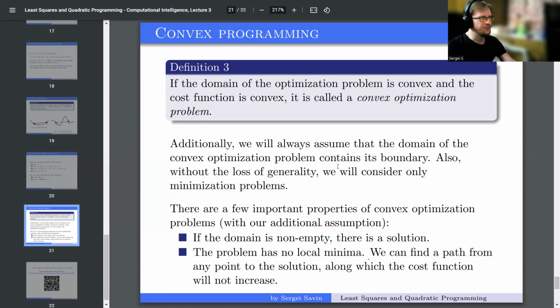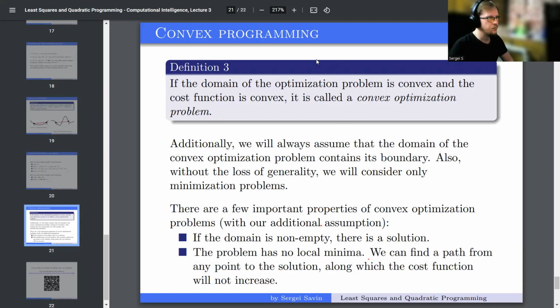What is the difference between disciplined convex optimization and convex optimization? The difference is that disciplined convex optimization is constructed out of blocks which we understand completely, which we know how they behave, and for which we know how to work with them.